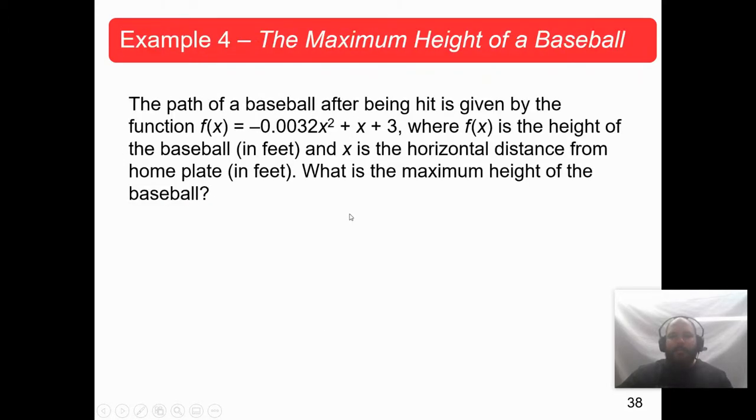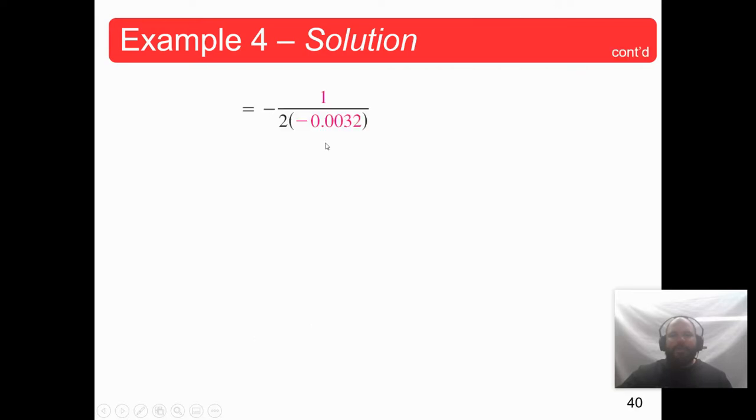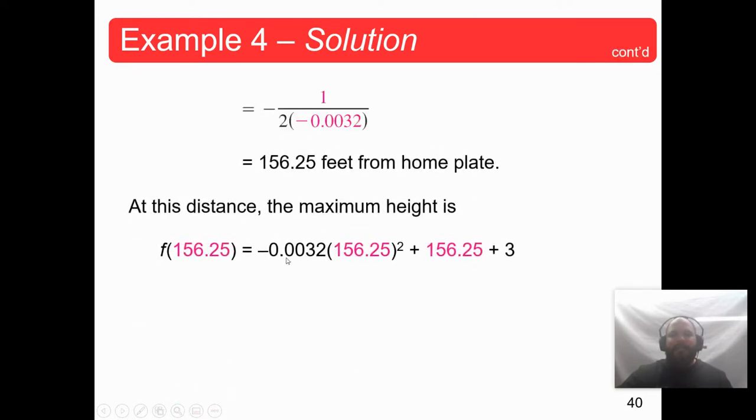So backing up into the word problem for a second, x is the horizontal distance from home plate. They want to know what the maximum height is. So in order to get the maximum height, we have to take that x value and substitute it back into the original equation. So once I get this value of 156.25, I then plug it back into the original equation.